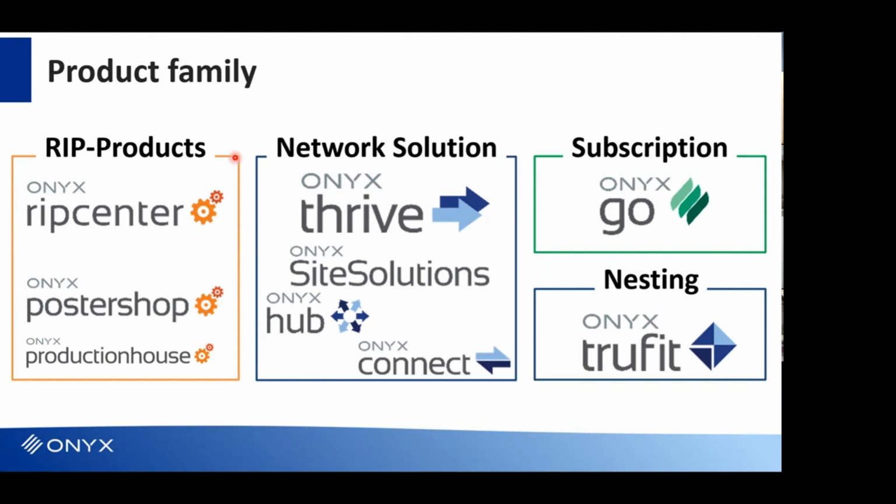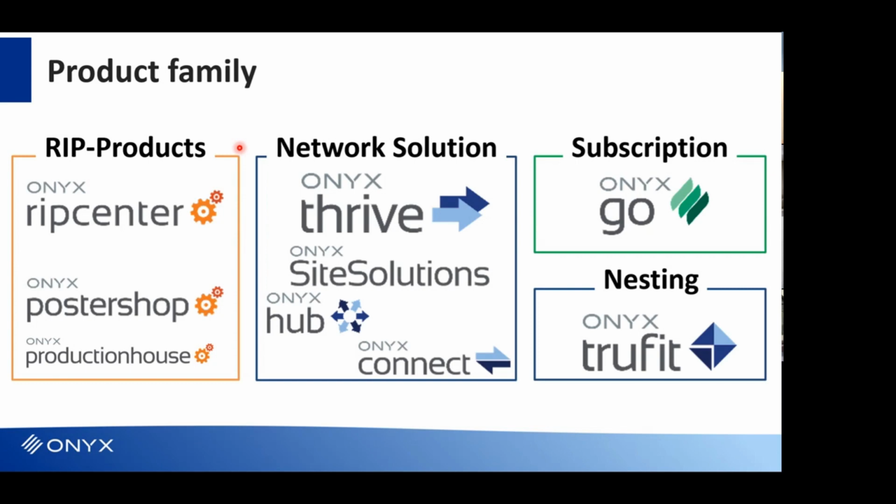The next group is the site solution with Thrive, which is the flagship product of ONYX, which is a network solution. We'll be discussing all these products shortly, more thoroughly. Then we move to subscription models, an additional tool for true shape nesting, which customers often use.